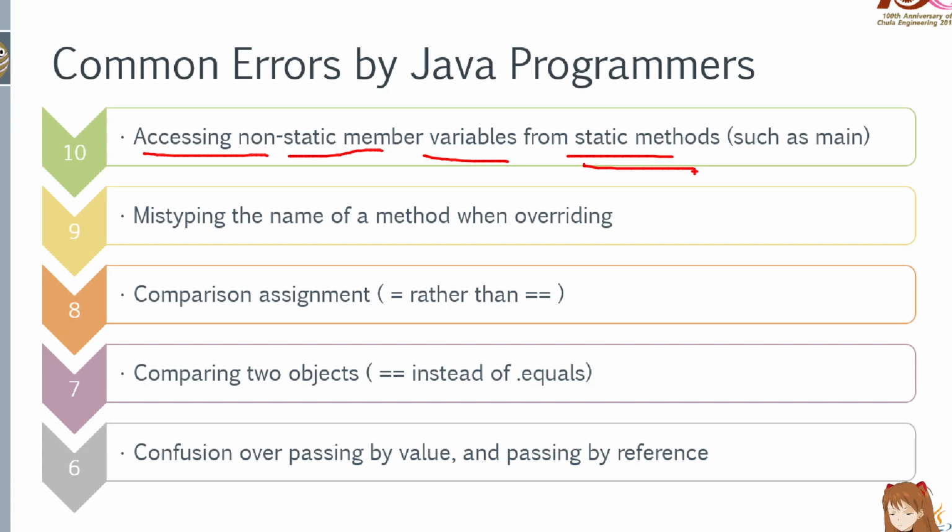Alright, meaning you do not create an object, but you call the variable that's supposed to belong to an object, but you call it from a class instead. So that will cause an error. Right?